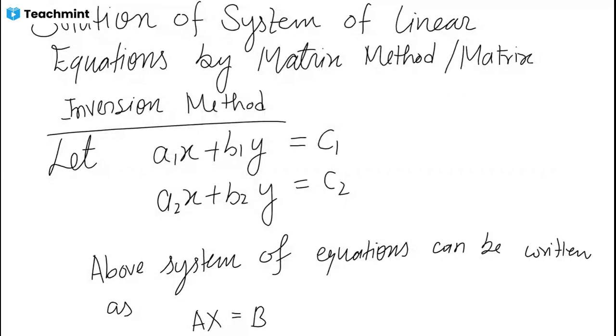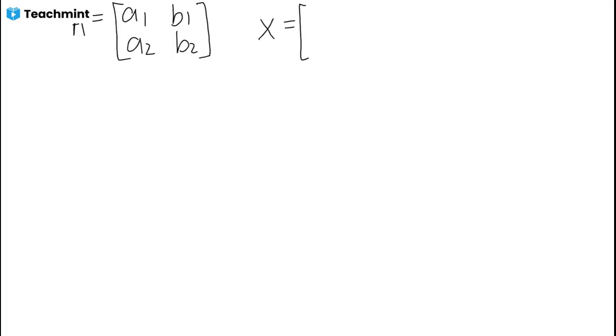The matrix X has the unknown variables x and y, and matrix B is the right side values c1, c2.